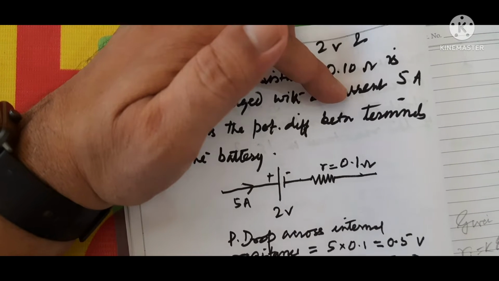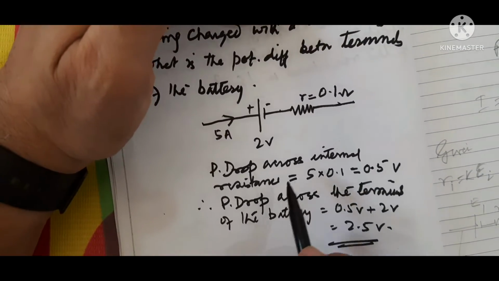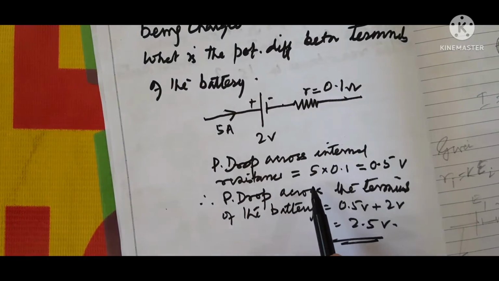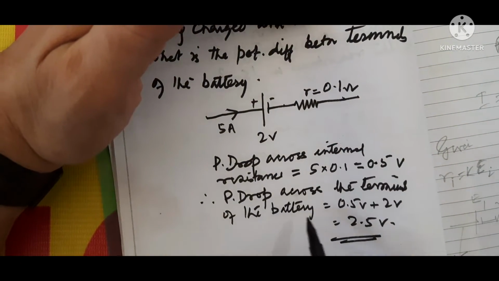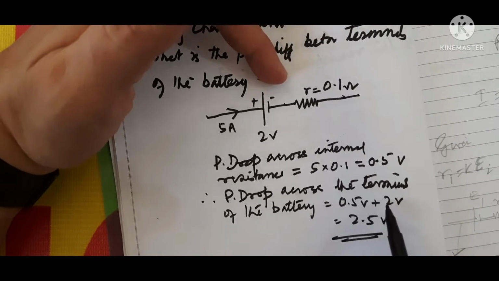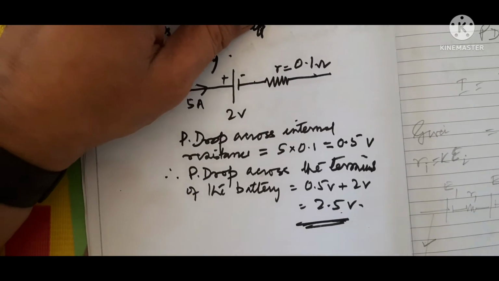That should be your answer. Potential drop across the internal resistance 5 into 0.1, that is 0.5 volt. Potential drop across the terminals of the battery, this plus 2 volt, that is 2.5 volt. That should be your answer.